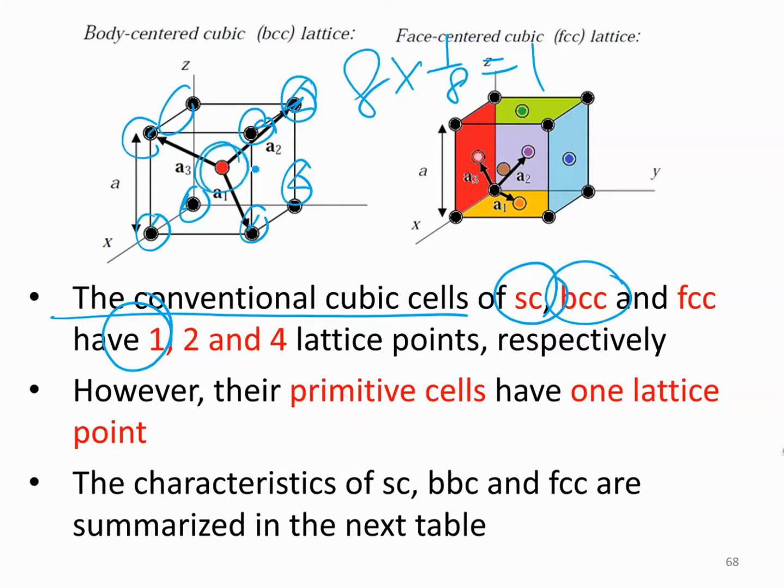How about the center one? The center one 100% belongs to this unit cell, so the contribution is 1. So 1 plus 1 equals 2. Therefore, the conventional cubic cell of body-centered cubic has 2 lattice points. This is how the 2 lattice points come from.